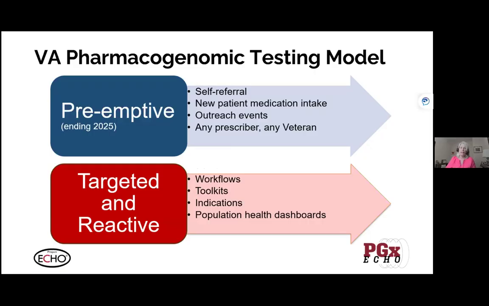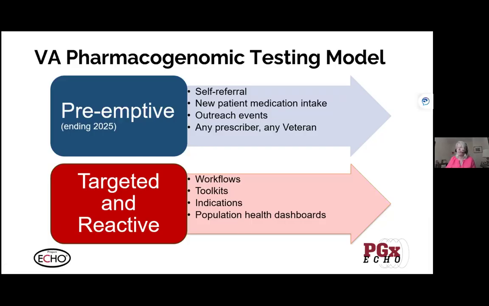So that allowed for patients to self-refer for PGx testing. Many of our sites do offer testing to patients newly coming into the VA primary care through their new patient medication intakes. And we even had outreach events and attended different veteran fairs and offered testing. And any prescriber and any veteran could have testing, regardless if they were on any medications or on none.